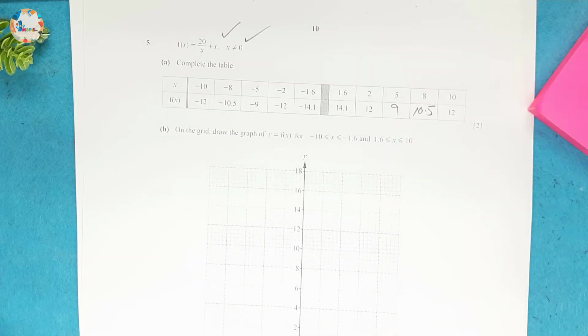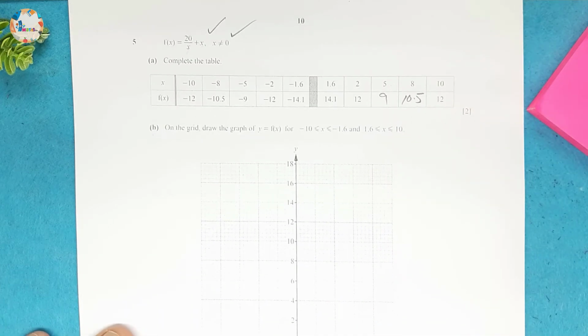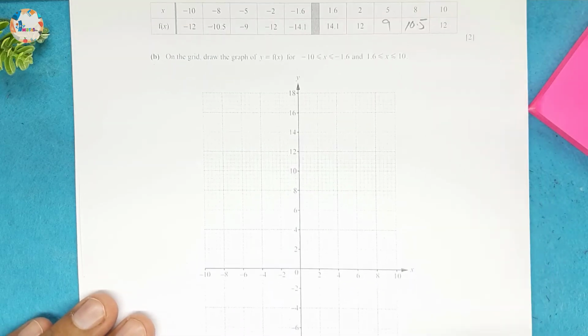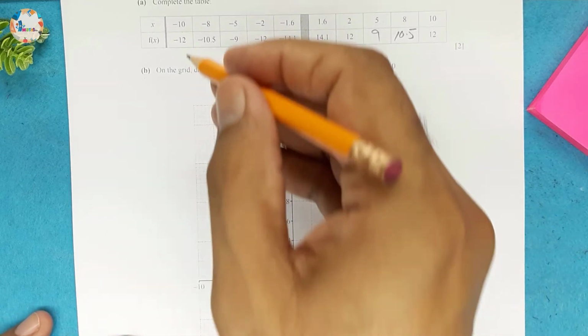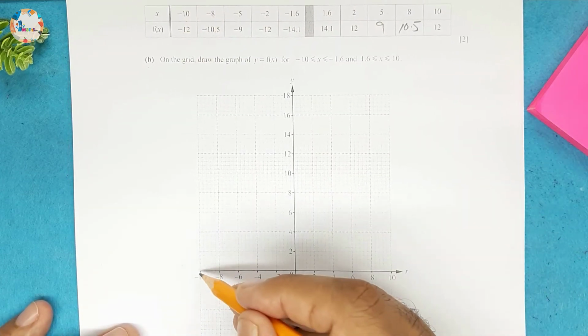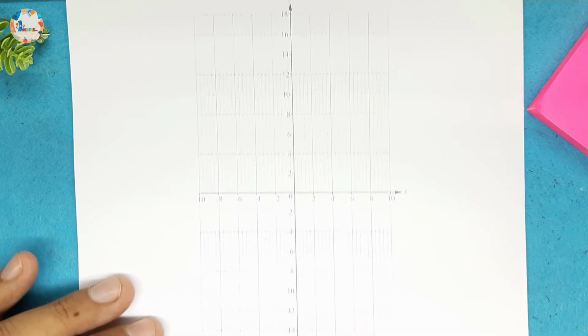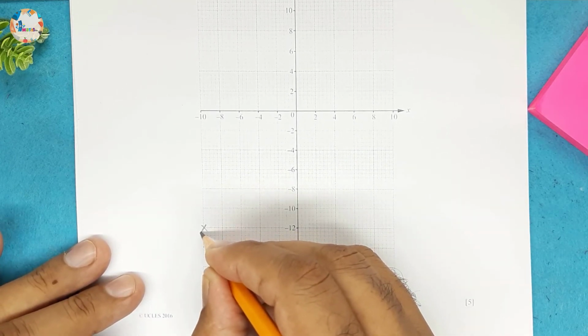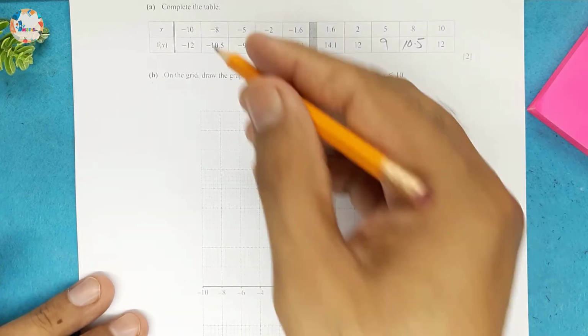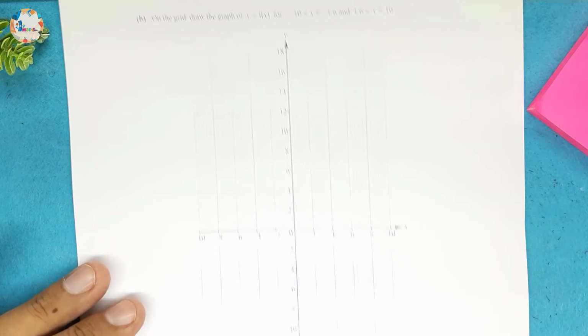Now we basically have to plot these points and draw the graph over the provided grid. So the first value is minus 10 and minus 12. Minus 10 and minus 12 will be this point, and the second value is minus 8 and minus 10.5.